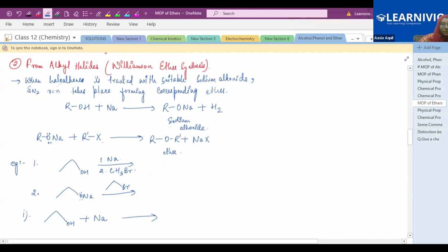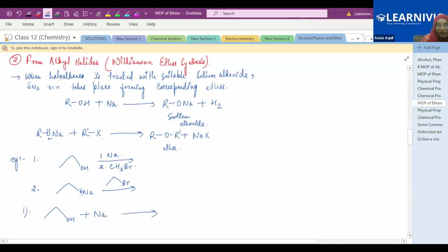So let's see what we do in this reaction. Here, when haloalkane is treated with suitable sodium alkoxide, what are alkoxides? Suppose this is a 2 carbon group which is ethyl, and here ONa. Okay, so sodium alkoxide: sodium with oxygen attached, and here the alkyl group.